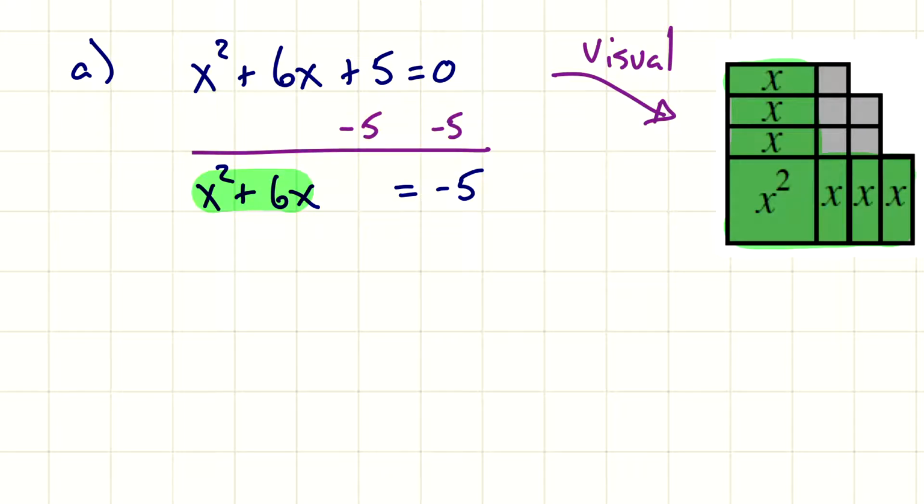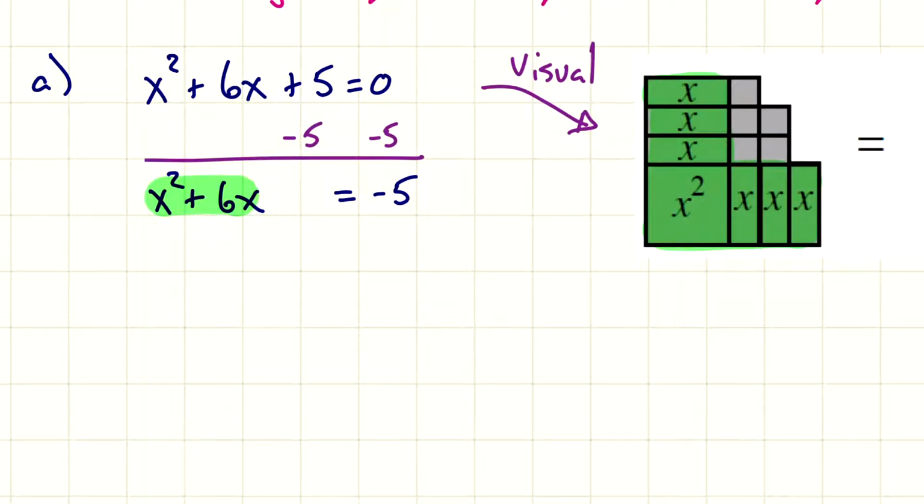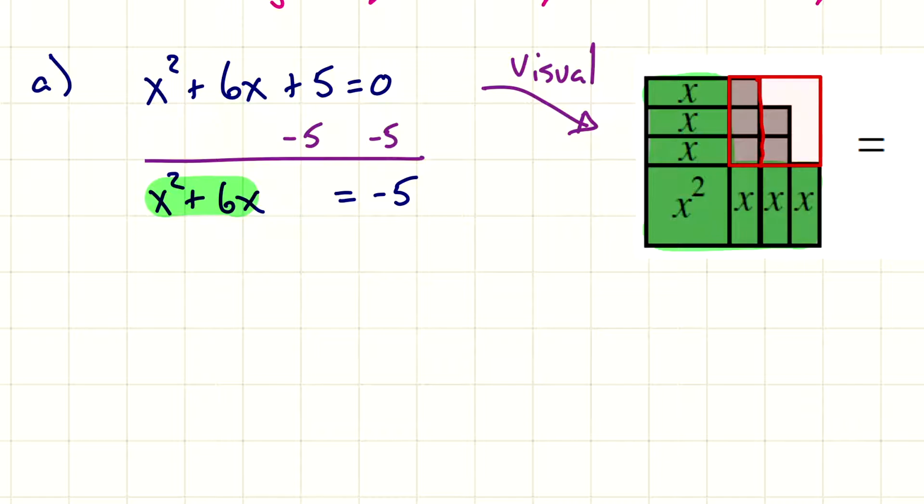And I want to be left with x squared plus 6x, only the x's. And you'll notice now it's a negative 5 on the other side. I highlighted this in the right side picture because I want to just kind of visualize that there is a total of, let me see if I could draw these in, a total of 9 little boxes that are missing.